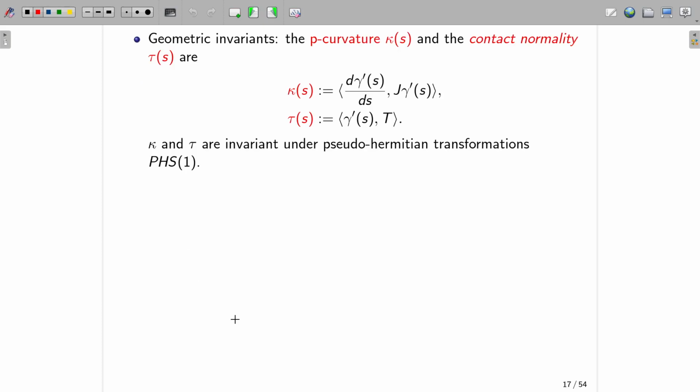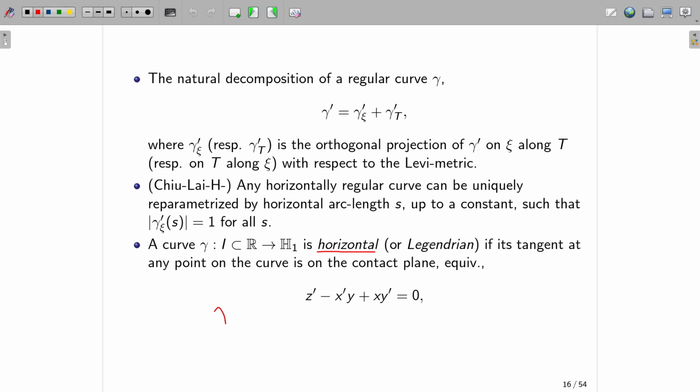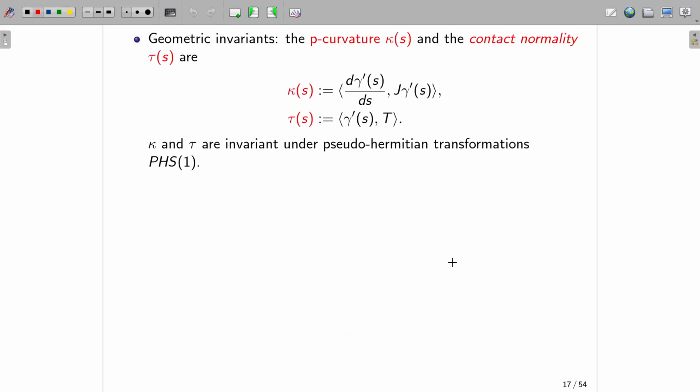Here gamma(s) is written with x, y, z as the components of the curve. If gamma is horizontal, then the components satisfy a rule like this. And there are two geometric invariants we got in our previous work.